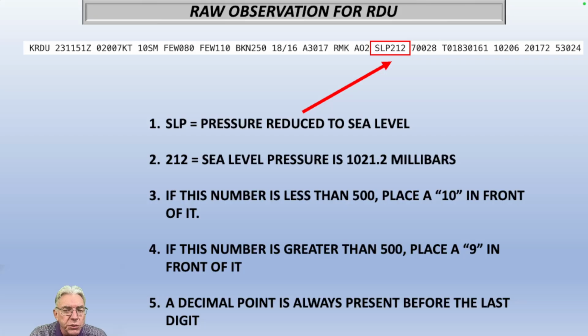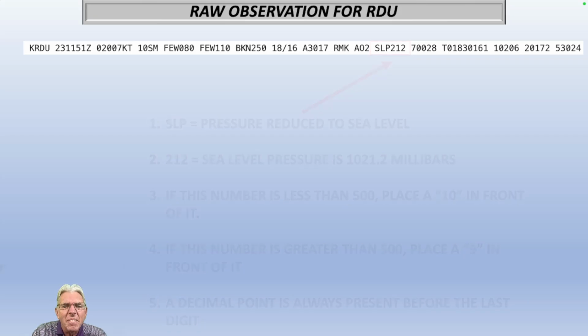So 212 is less than 500, so you put a 10 in front of the 212, you put a decimal point before the last digit, and you get 1,021.2. If that was 712, and it was greater than 500, then you would put a 9 in front of it, and it would be 971.2, okay? And if you had a hurricane approaching you, that might come into play.